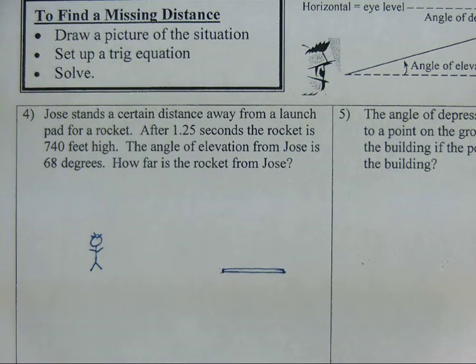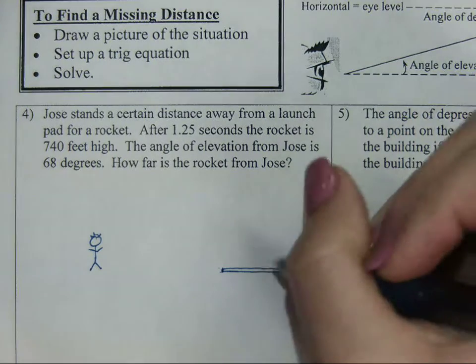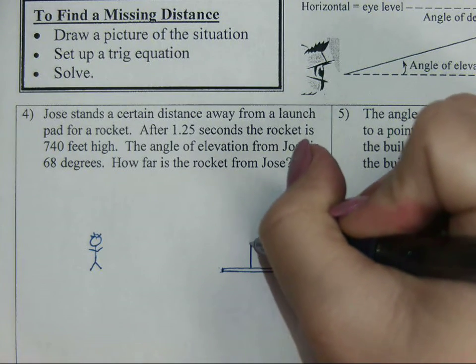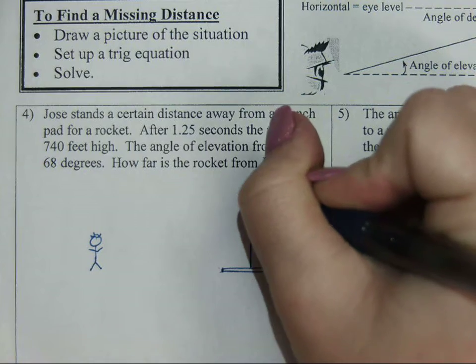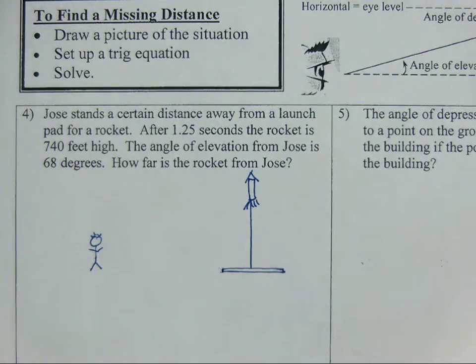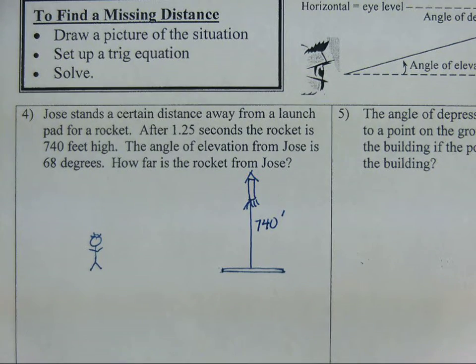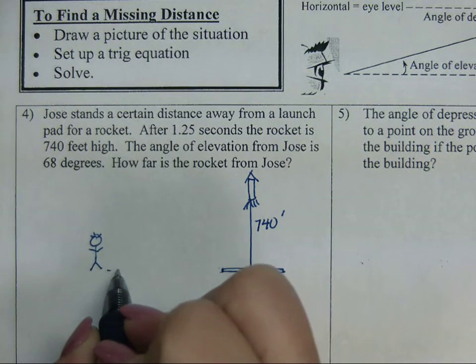All right, and so it says that after 1.25 seconds, the rocket is 240 feet high. So here you have a rocket that was launched, all right? And this is 740 feet high. And it says the angle of elevation from Jose is 68 degrees.